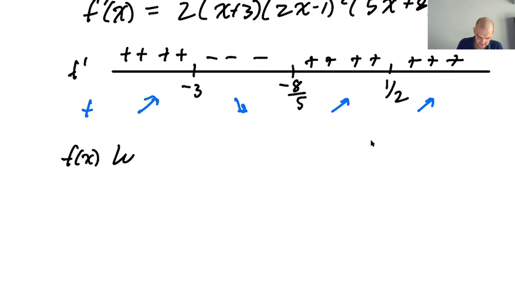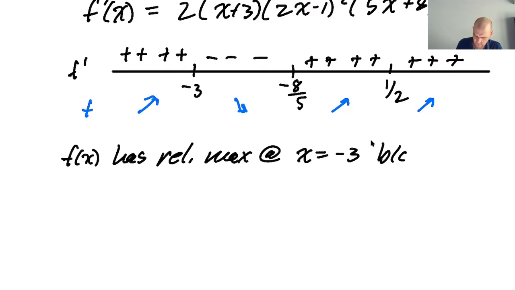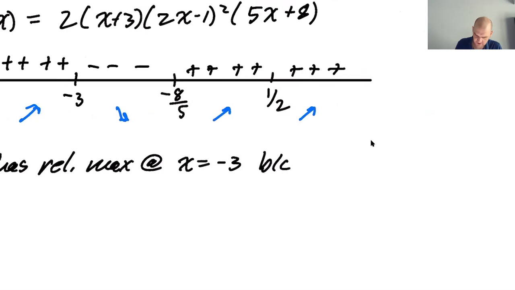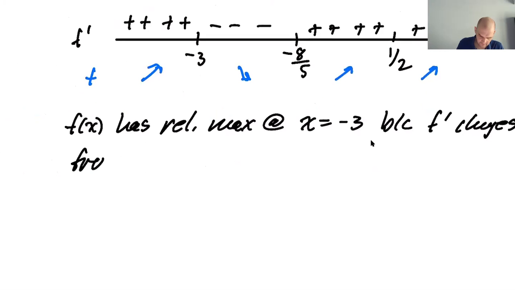f of x has a relative maximum at x equals -3 because f prime changes from positive to negative there.